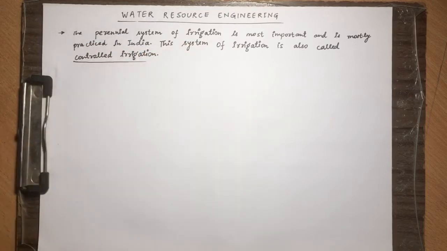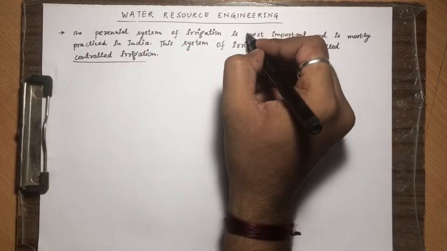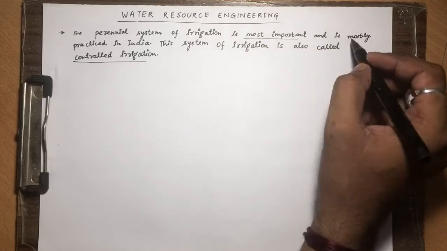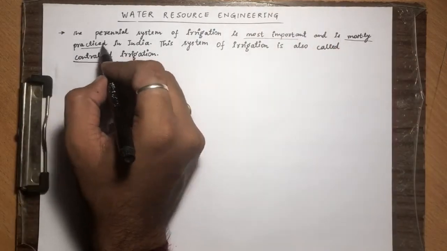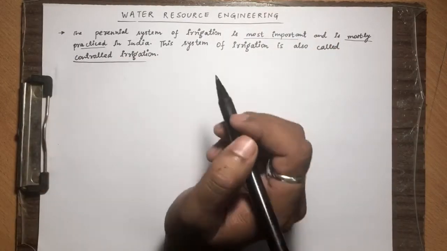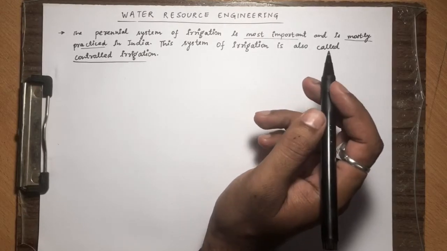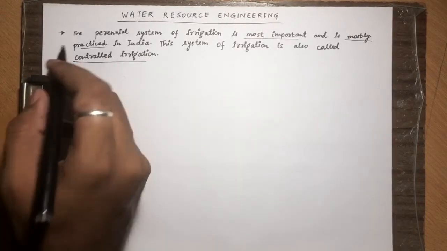So the perennial system of irrigation is most important and mostly practiced where? In India. This system of irrigation is also called controlled irrigation.